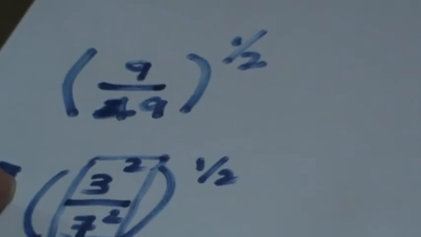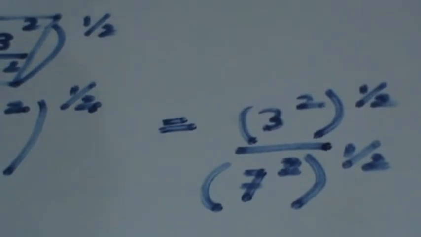The next way is another simple way. If you get something like this, 3 squared by 7 squared whole thing to the power half, you can take the individual roots, so that this is also equal to 3 squared to the power half divided by 7 squared to the power half.